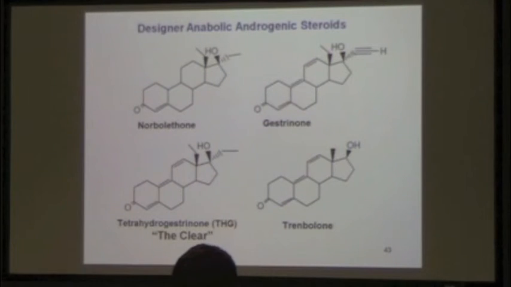And Bonds testified before a grand jury that his trainer rubbed this stuff on his muscles as a liniment. Bonds had no idea what it was, but he rubbed it on his muscles.